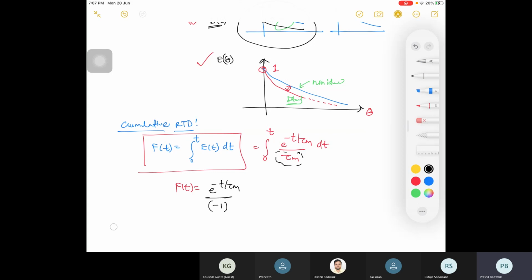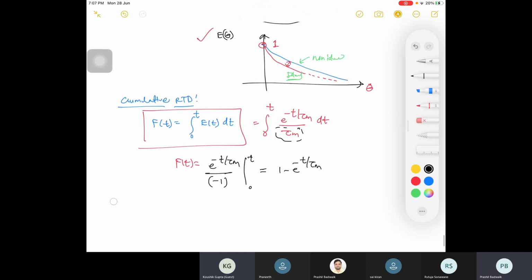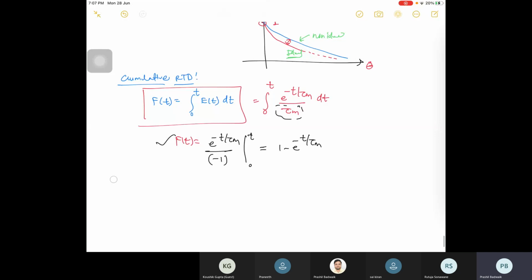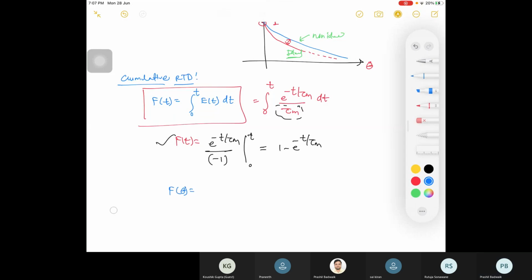Tau m will cancel with 1 by tau m, and you integrate from 0 to t. What is that value? 1 minus e to the power minus t by t bar, where t bar is tau m. Now can you convert this into F of theta? One minus e to the power minus theta.